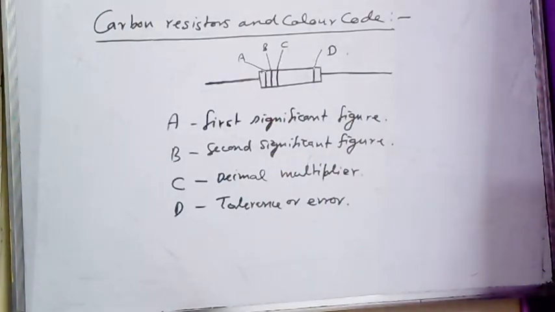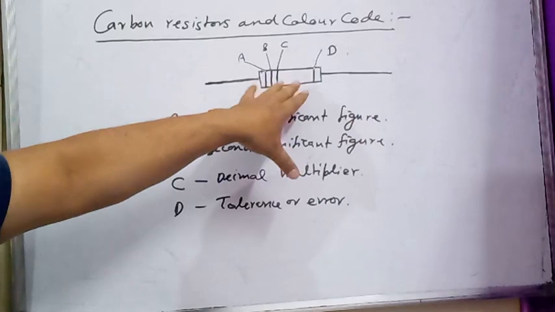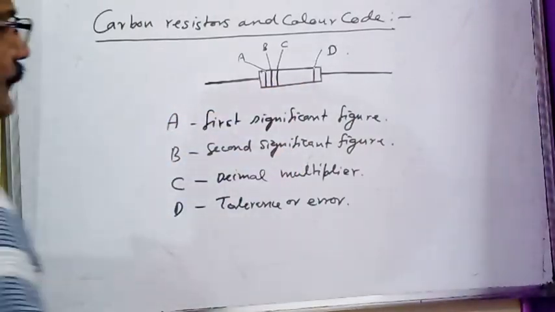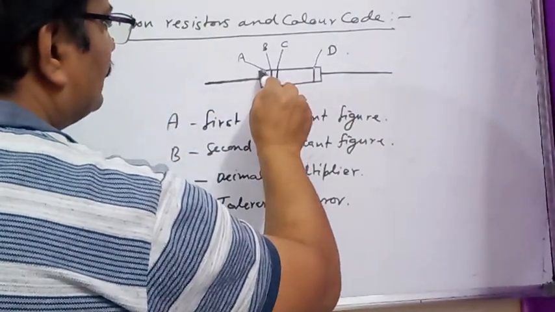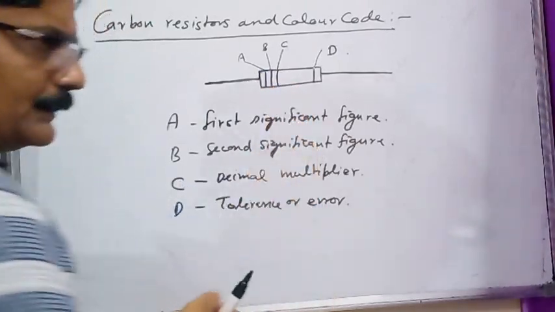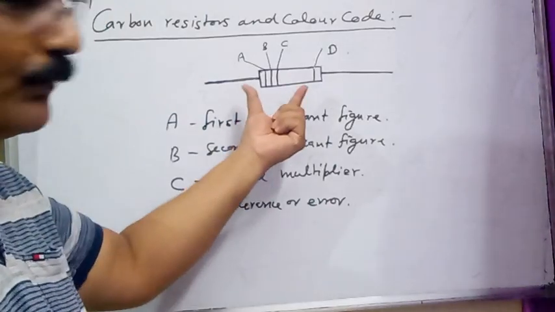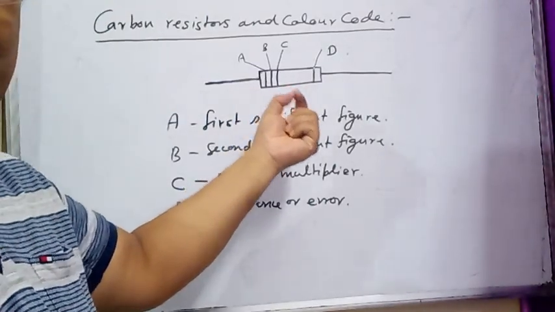So carbon resistors are made from a mixture of carbon black, clay and resin binder, which are pressed and then molded into a cylindrical jacket. So a carbon resistor looks like a cylinder, a very small size cylinder. This type of resistances you can see in circuit boards of different electronic devices.